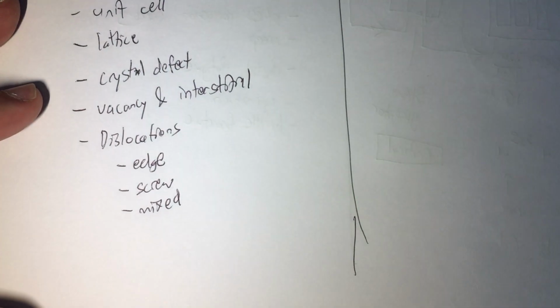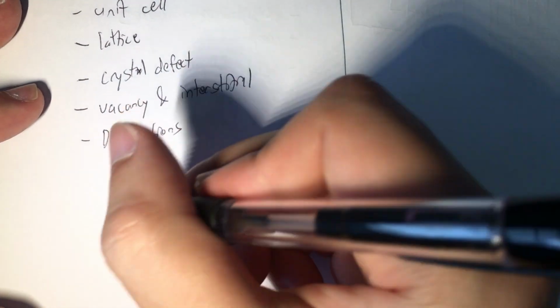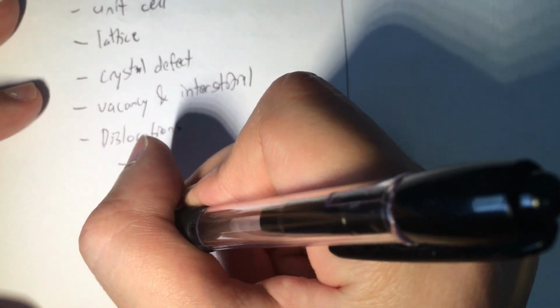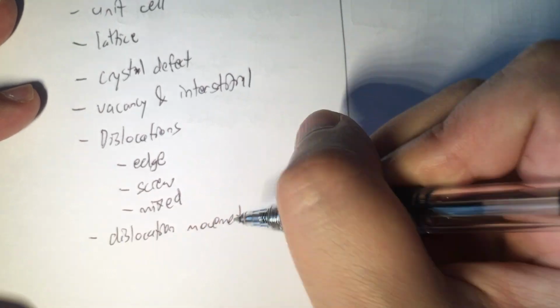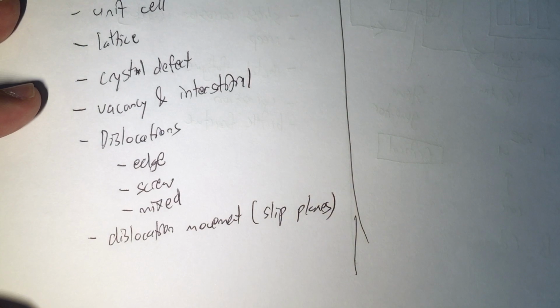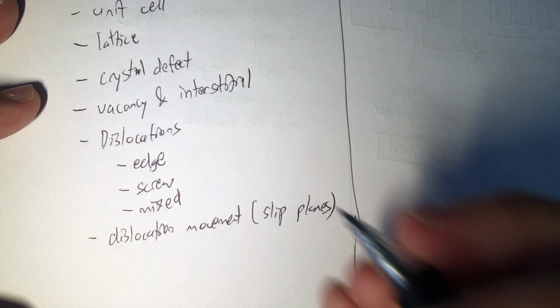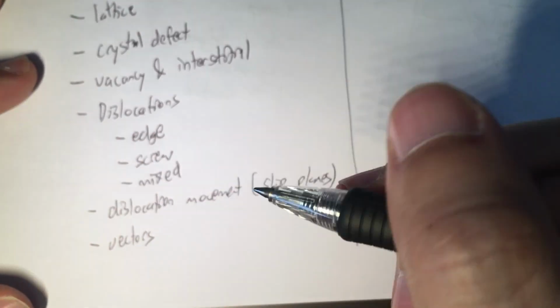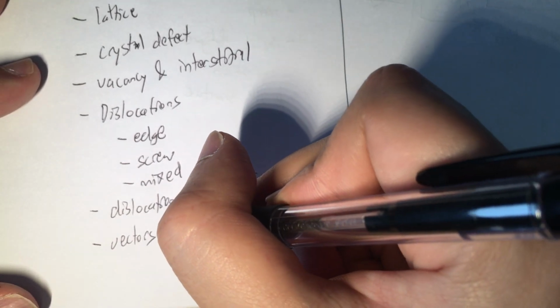and what are dislocations. So you have the standard types of edge, you have a screw, you have mixed dislocations, and of course how these dislocations move. And these are basically via slip planes. You also need to know what vectors actually describe a dislocation.